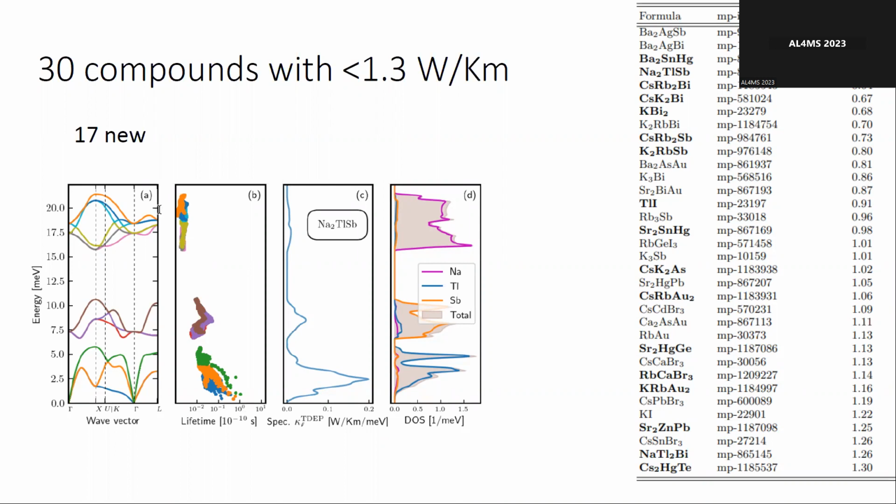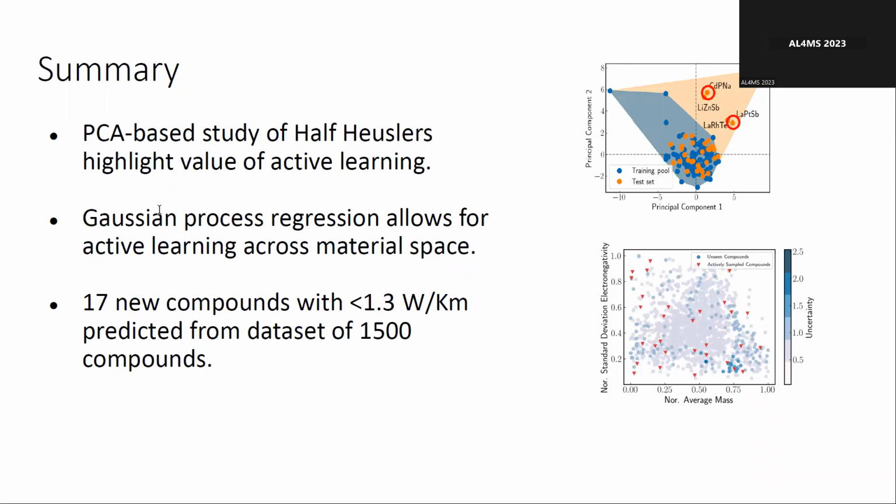Okay, I come to my summary here. So I first showed you a PCA-based assessment showing we really need to actively put in compounds far away in feature space. It will be necessary to really discover these rare compounds. Then we showed how Gaussian process regression can be used in a systematic way to enlarge the training set and therefore improve the model systematically.